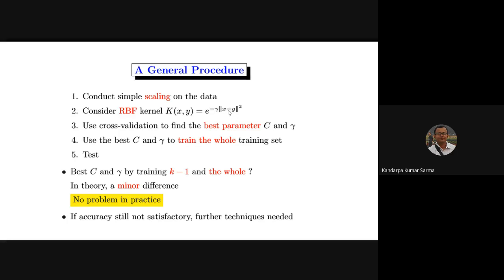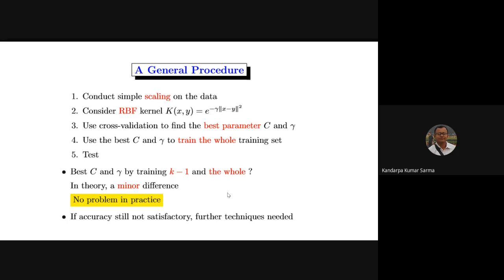We use cross validation to find the best parameters C and gamma. We use the best C and gamma to train the whole of the training set. Then we need to do the testing. Then the best C and gamma can be found by training on k minus 1 folds, then the whole. And in theory, a minor difference can be there.